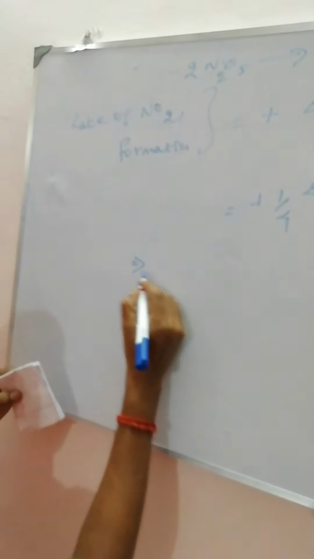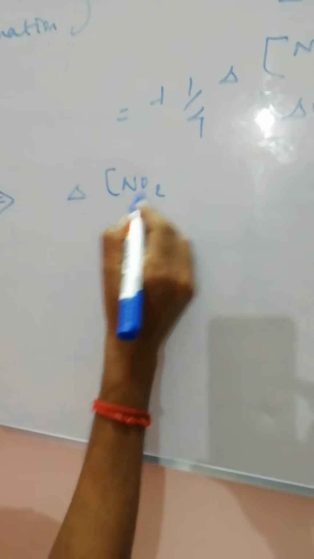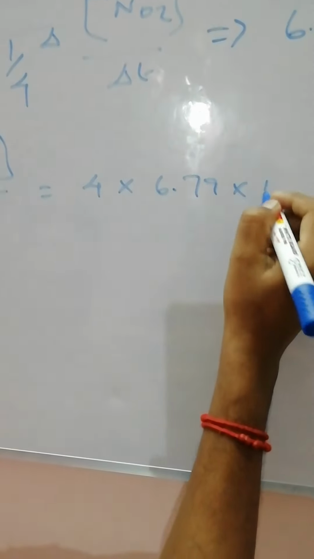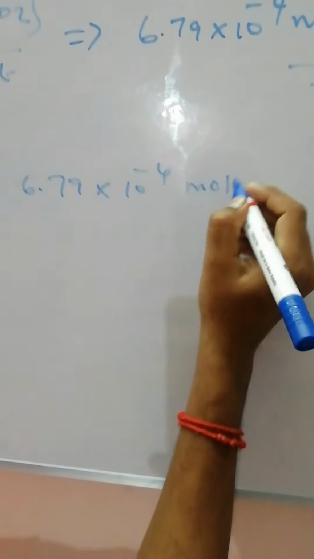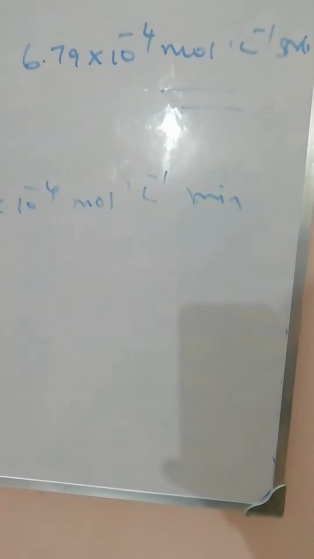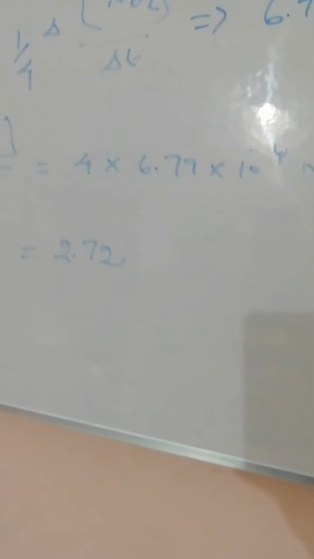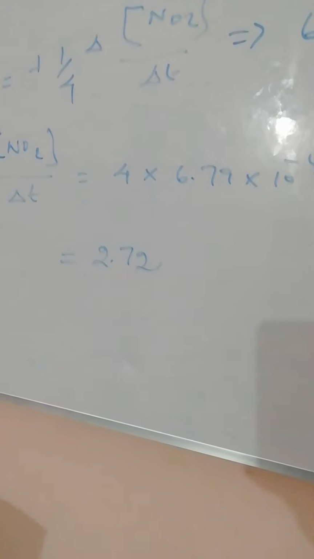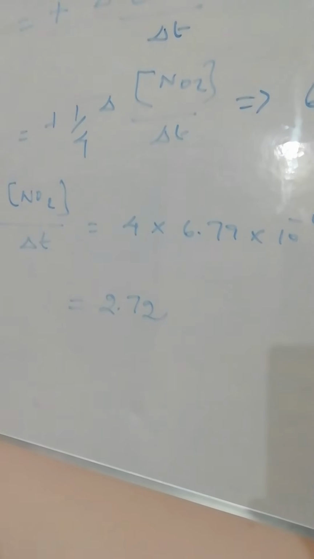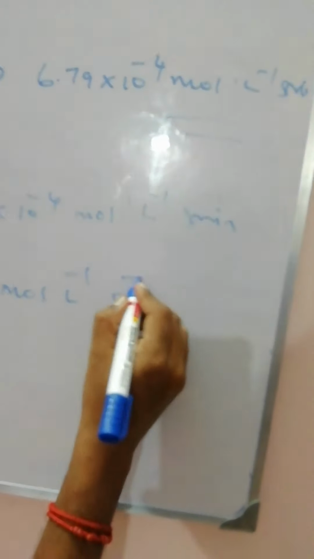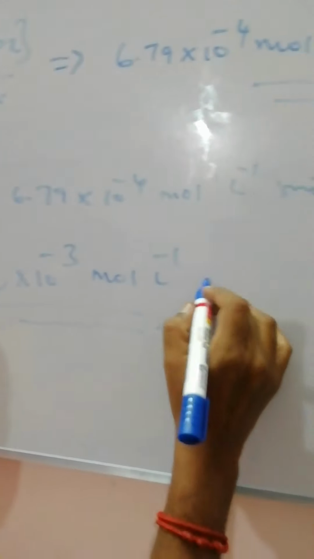So 1 by 4 delta NO2 by delta t is equal to 4 into 6.79 into 10 to the power minus 4 mole per liter per minute, which is equal to 2.72 into 10 to the power minus 3 mole per liter per second. This is the answer for this last question.